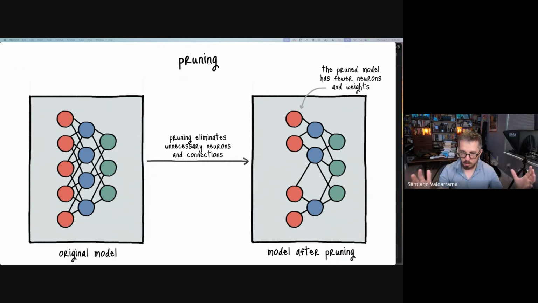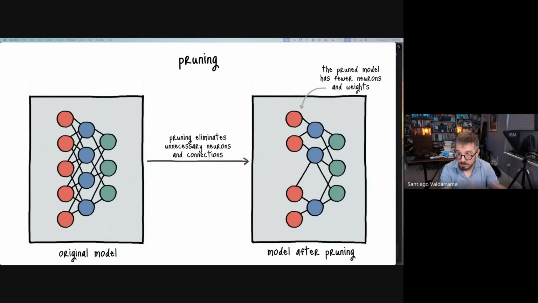Basically, you go through a model that has, let's say, 10,000 weights and biases, and it's going to come out with 500 of those. Well, 500 would be a huge prune. It's going to come out with 6,000 of those, or whatever, 80%, like 8,000. Basically, you're getting rid of anything that is not contributing to the final answer. And this is not free.